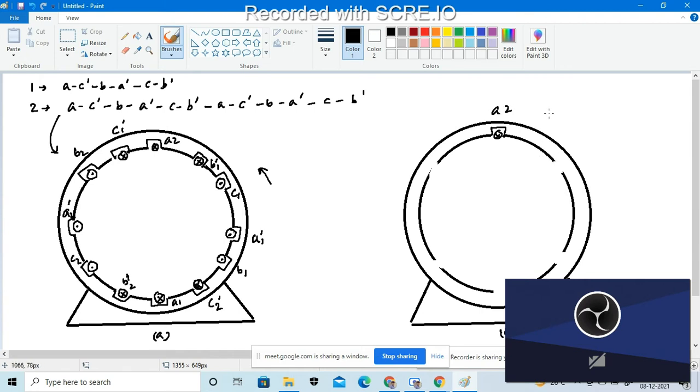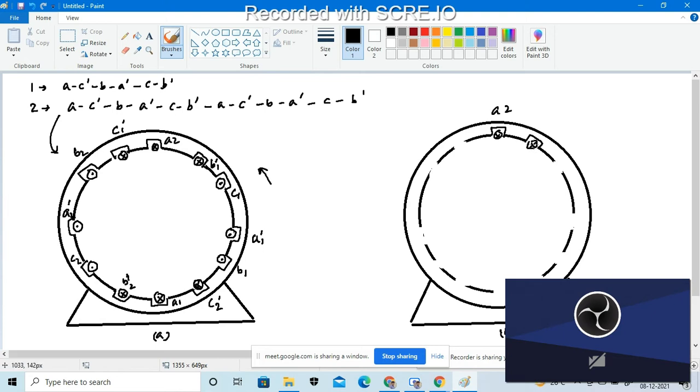Here in this segment we have A2. Then here we are considering the B1 dash.